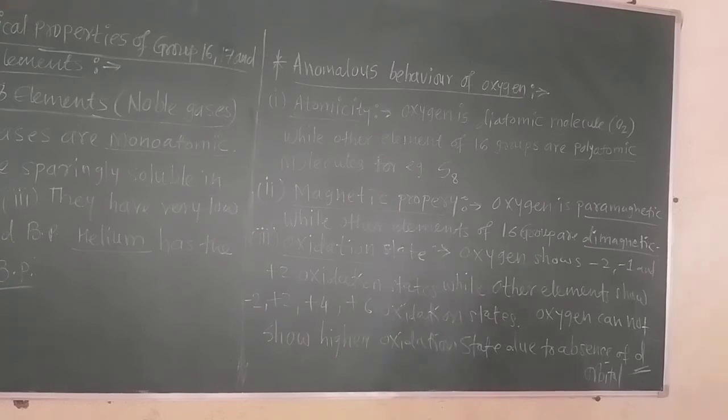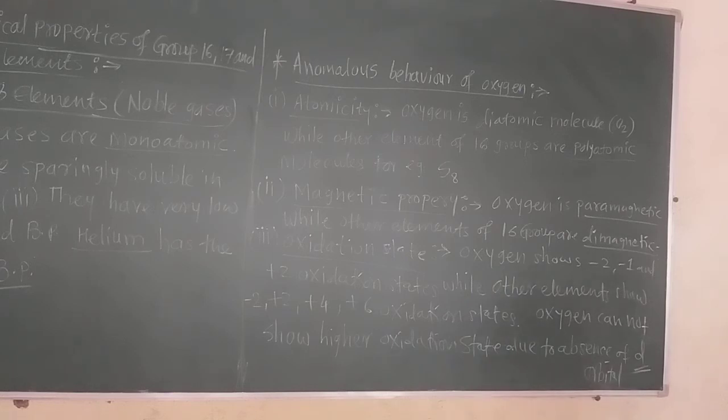Oxygen, sulfur, selenium, tellurium and polonium. Now among these, oxygen behaves somewhat differently, abnormally. Oxygen has totally different properties than its group members. Why is this? This is due to the very small size of the oxygen atom.